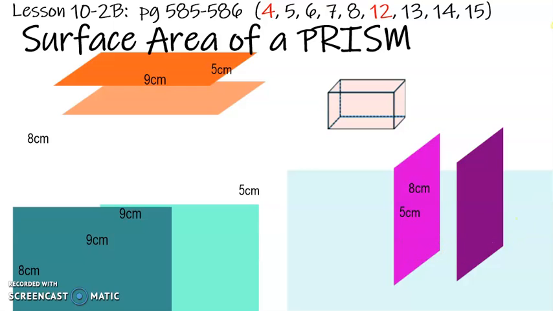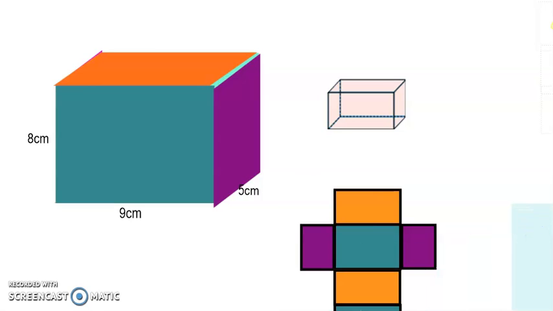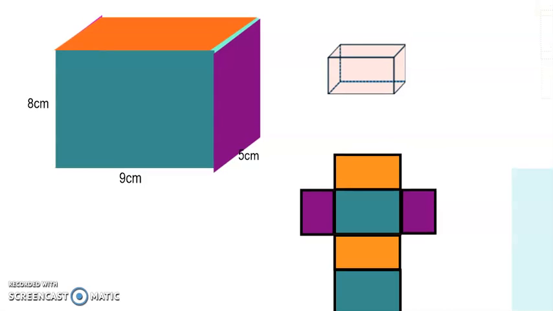Okay, and I know that you've seen these written some other ways too from your previous year here at school. Now notice that we've got a 5 by 8 here. The purple is a 5 by 8. And the blue one is an 8 by 9.